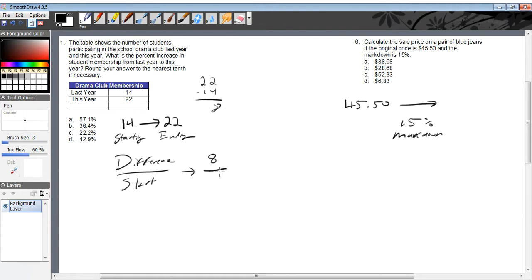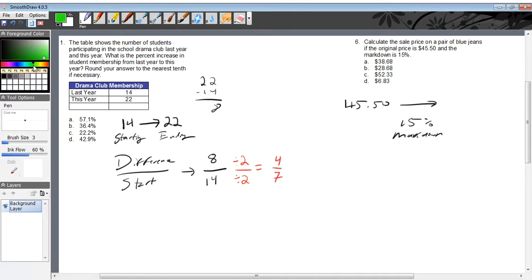And now where we start, well, we start at 14. Now we could do this division right away, but we can also simplify the fraction to make it a little bit easier. We can divide by 2, both in the numerator and the denominator, which will give me 4 over 7.